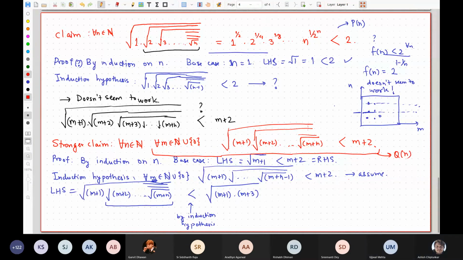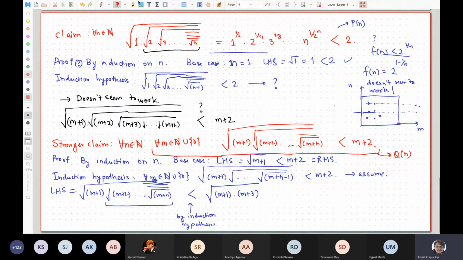Okay, so now what is Q of n minus 1? m plus 1 to m plus n minus 1. Exactly. So this is my Q of n minus 1. Is it clear now? Yes, sir. Awesome. Okay. Good. Thank you.